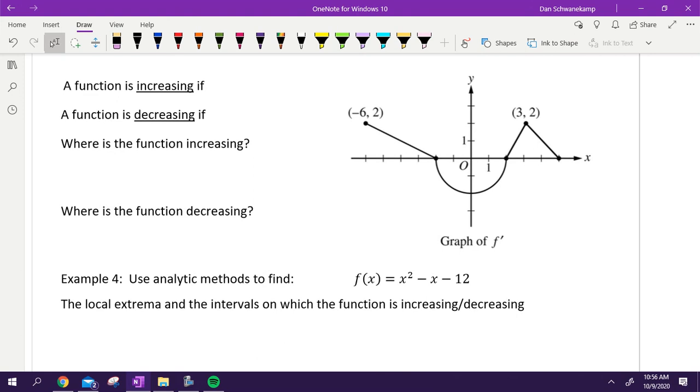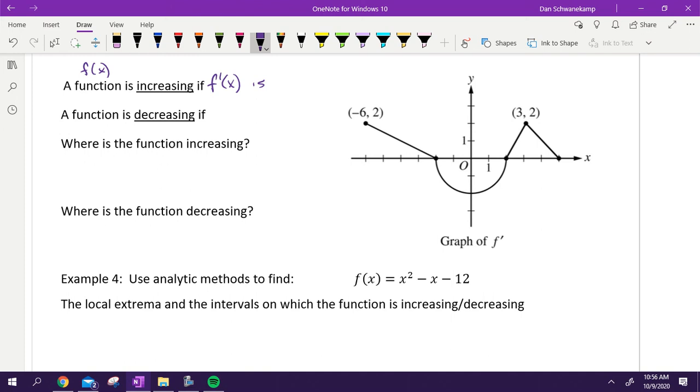A function, f of x. When I say a function here, I did a bad job. I should have said a function, f of x, is increasing if f prime of x is... if f is increasing. Imagine a graph that's increasing.